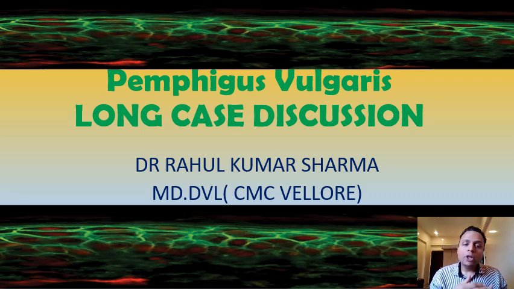In order to understand Pemphigus vulgaris, you should have a sound knowledge of the anatomy of desmosome. You should know what keratin intermediate filaments are, how they maintain the shape of the cell, and how they are attached to the inner plaque of the desmosome. And how the desmosome is present in between the two cells. You must also know about the cadherins. The cadherins are Desmoglein and Desmocollin.